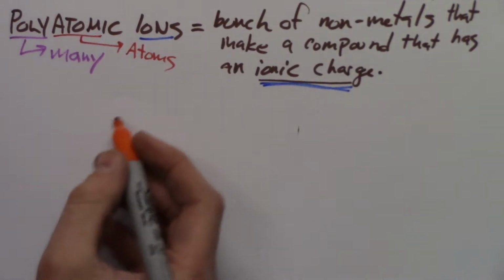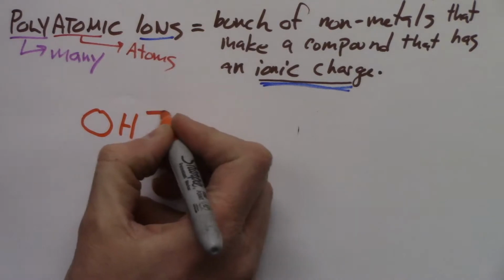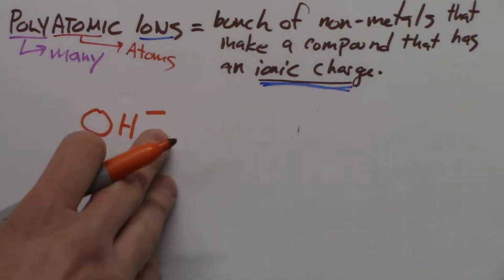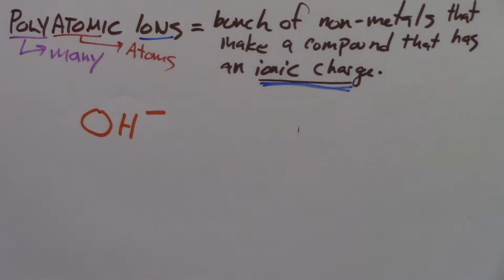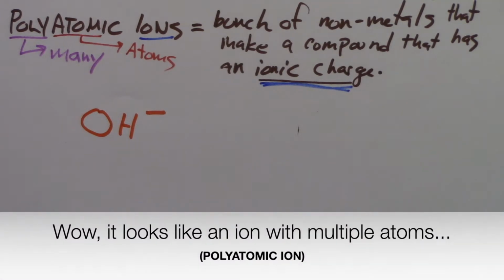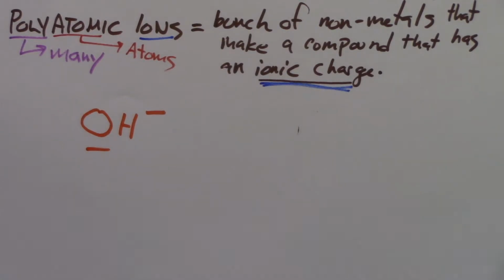I'm going to put down a couple here. So example number 1 is a really important one, and there's a 1 negative charge up here. I'm only going to put the 1 negative. This is an example of a polyatomic ion. You can see that there is an oxygen and a hydrogen together in a compound with a 1 negative charge.